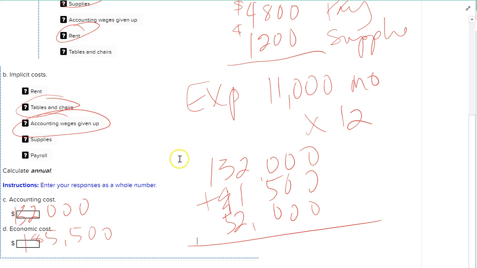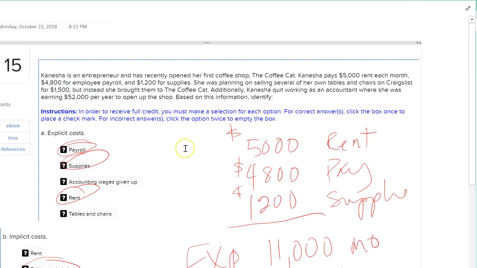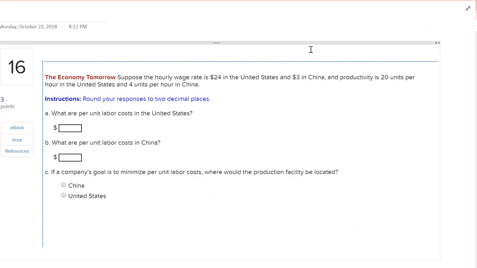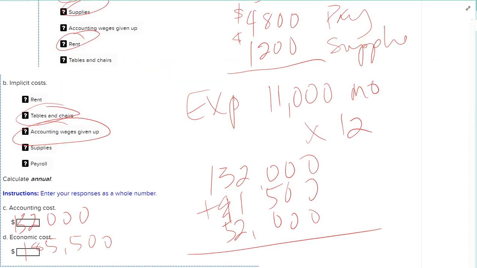So this one just really is asking you to recognize explicit, implicit costs and economic wages or profit versus accounting profit. All right, let's see. Did I miss one? Nope.